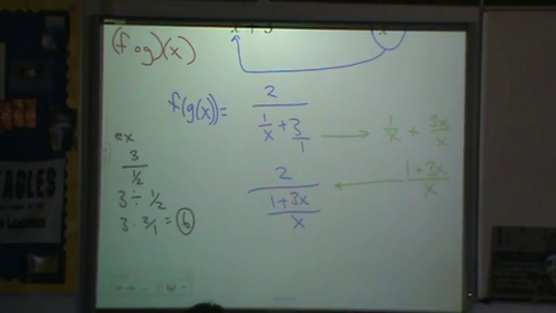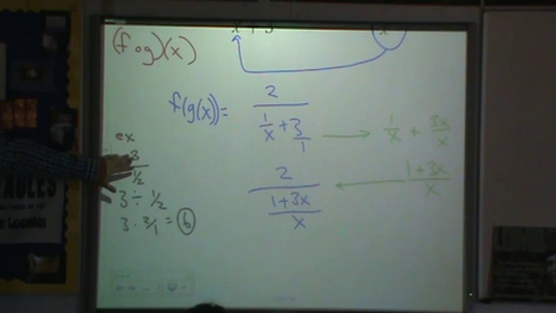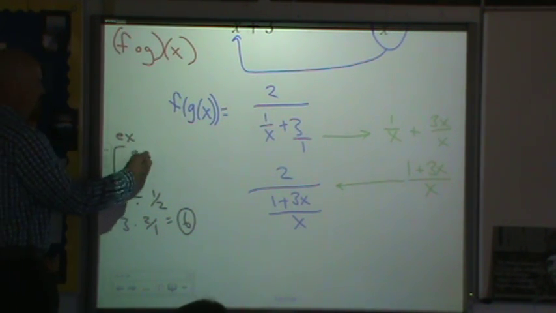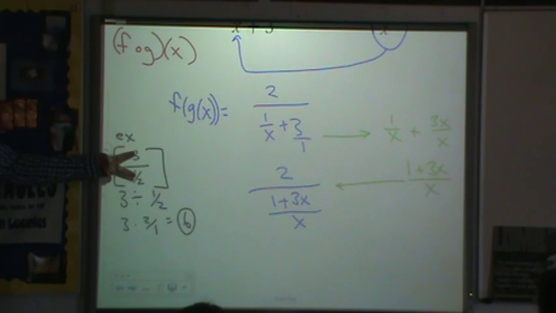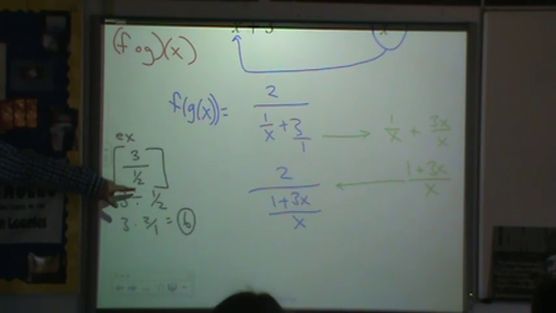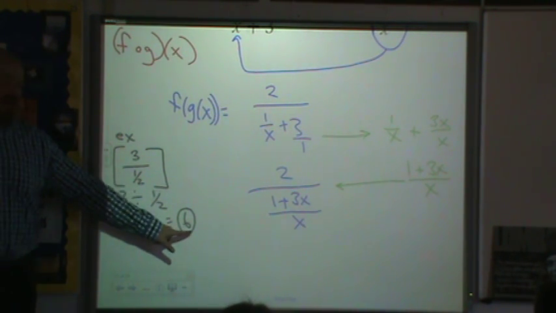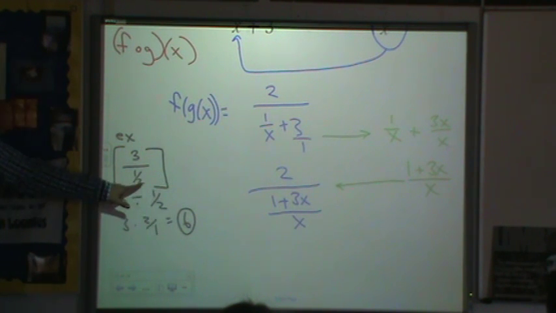So what's the shortcut? When you have a fraction with a fraction in the denominator, to get your answer, multiply the denominator times the top. See how that works? Take the 2, multiply it times 3, 2 times 3 is 6.